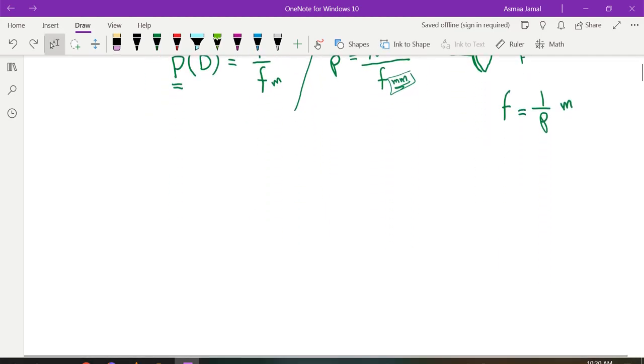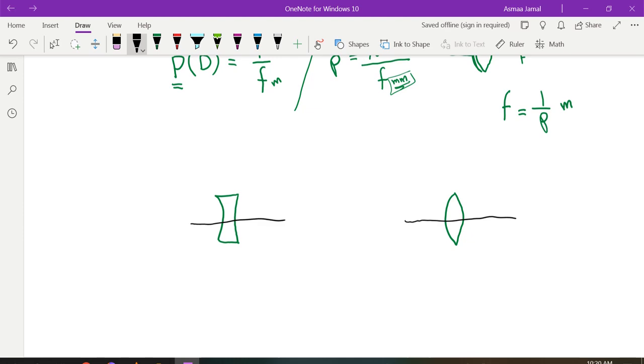As you remember, we said we have two types of lenses, the convex lens or the convergent lens, and the concave lens, which is the divergent lens. That's our axis, and this is the light collecting in the focal point.